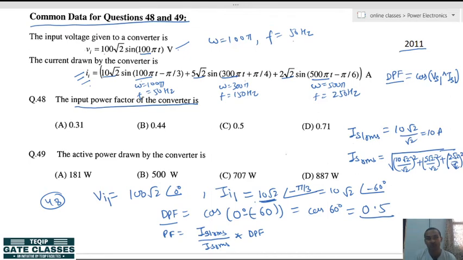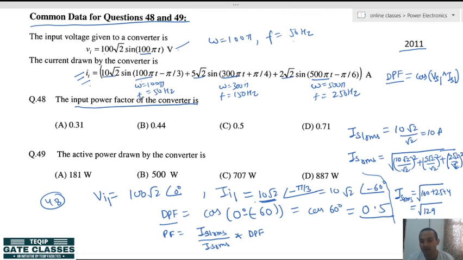If you solve it, Is RMS equals under root, and the root 2 factors will be cancelled out. So it will be 100 plus 25 plus 4, which means Is RMS will be root 129. If you calculate it through a calculator, the square root of 129 is 11.36 amperes.